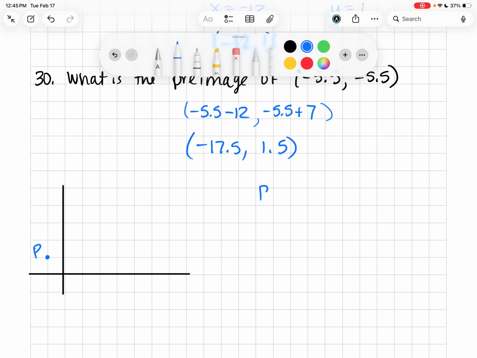So I'm going to go ahead and write these over here. And then Q is at 2, 4. R is at 6, 3.